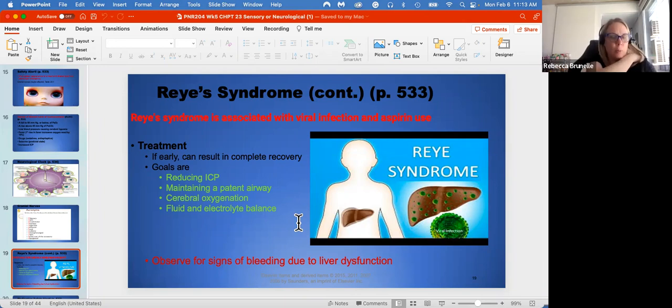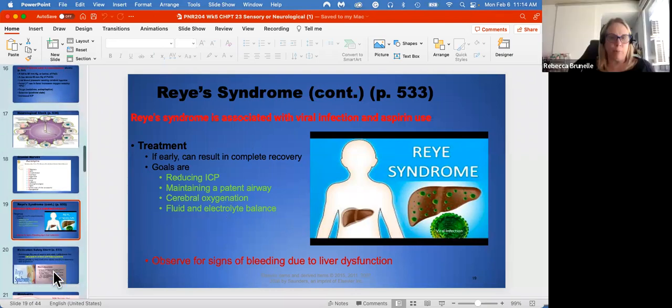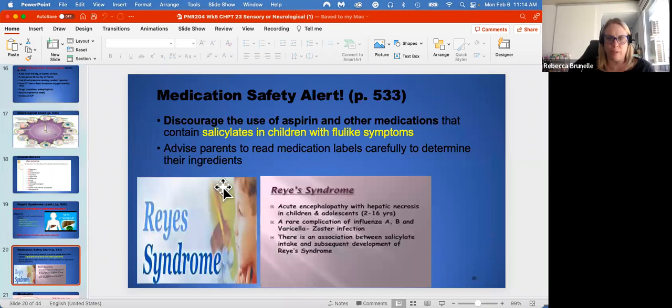So this is why we recommend that parents give either Tylenol or ibuprofen when children have a fever, and that they don't give aspirin. It's also associated with viral illnesses, and particularly the influenzas. So salicylates is the general term for aspirins.